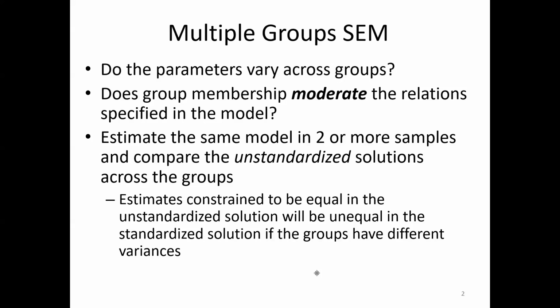A latent mean of 0 is going to mean the same thing across two groups. It's not a score because it's latent, but somebody who's at the latent 0 point would be at the mean in the one group, and they might be slightly above or slightly below the mean in the other group. But they're still at that level.